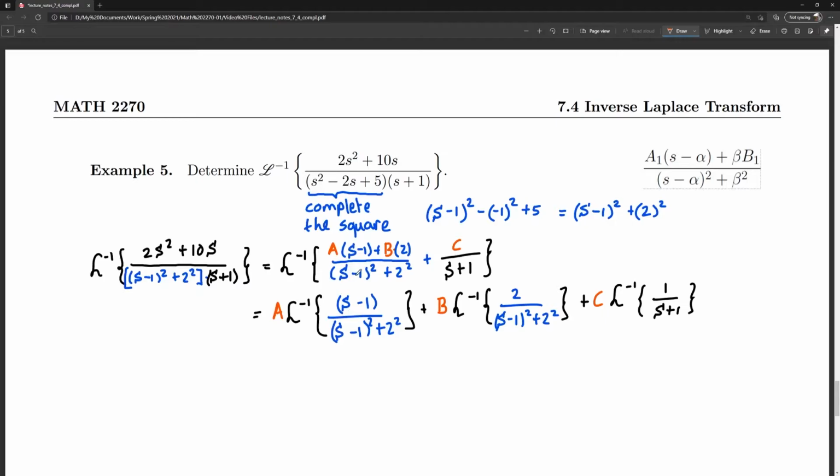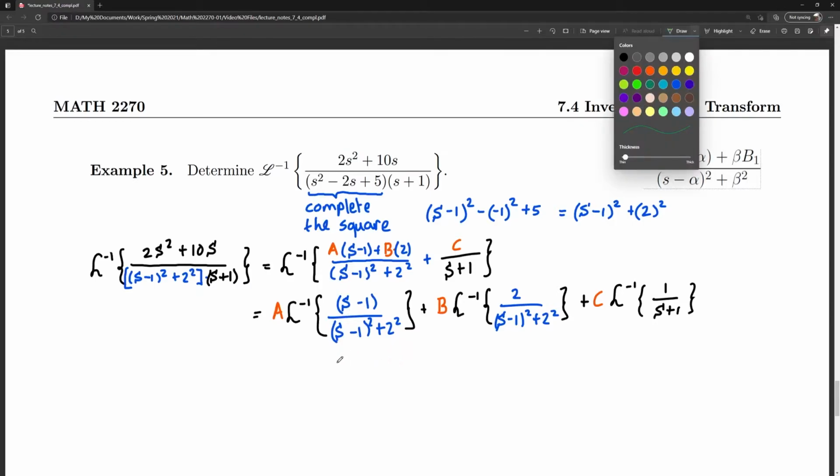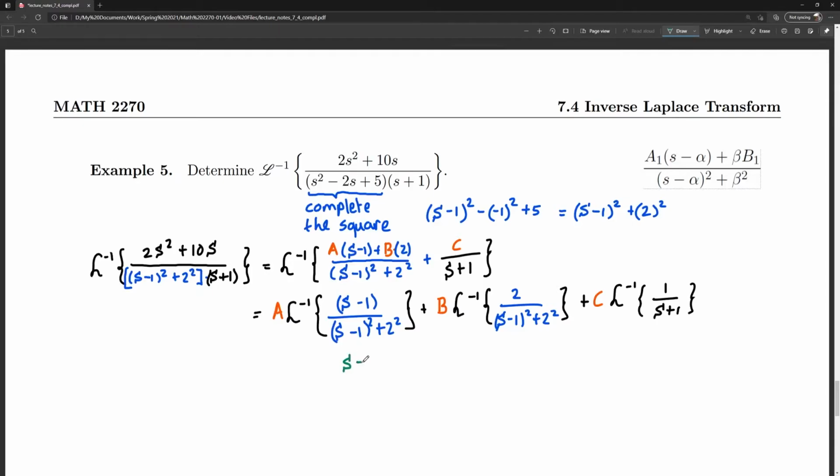And now what you should do is you should look up in a table of Laplace transforms what this expression relates to in terms of the original function t. And hopefully you see that you can compare that with s minus a over s minus a squared plus b squared.